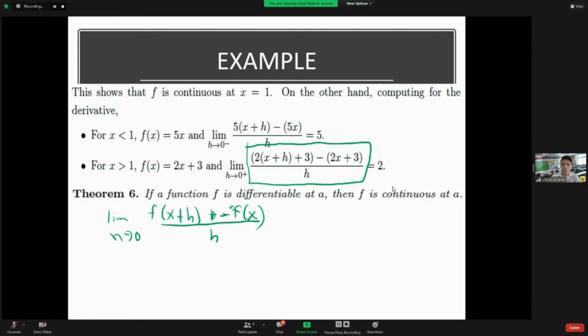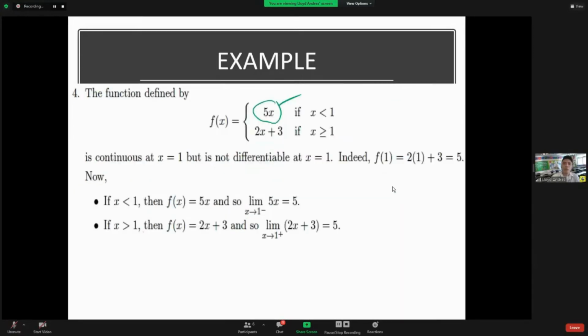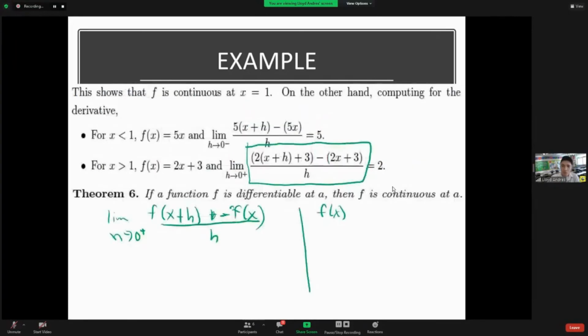Then, kailangan na to ang given. Ang f of x na to this time, from the right man ta. So, dito ta magbase sa given. Asa man ang right diri, di ba kaning less than? So, diri ta magbase. Mao ni atong gamiton nga f of x. So, ang f of x na to sa right is 2x plus 3.